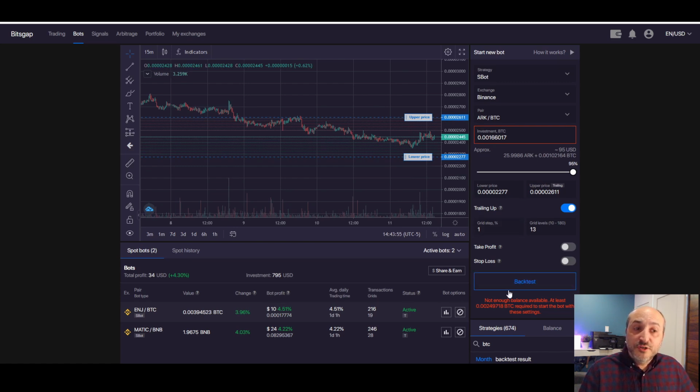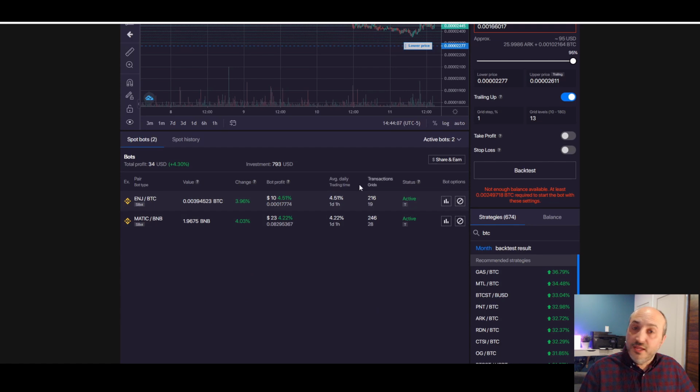And once everything is good, you can do a backtest to make sure everything makes sense. And then from there, you'll have the button right here to start. You just click start your bot and it will show up right here. It's that simple. There's no other setting, nothing else you have to do.